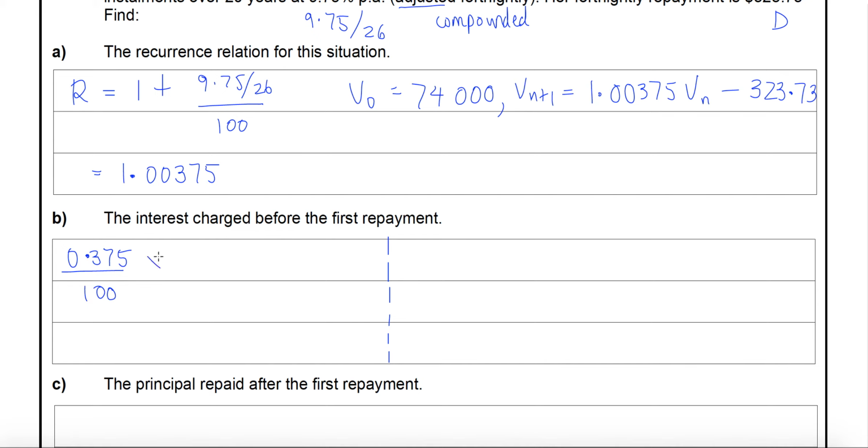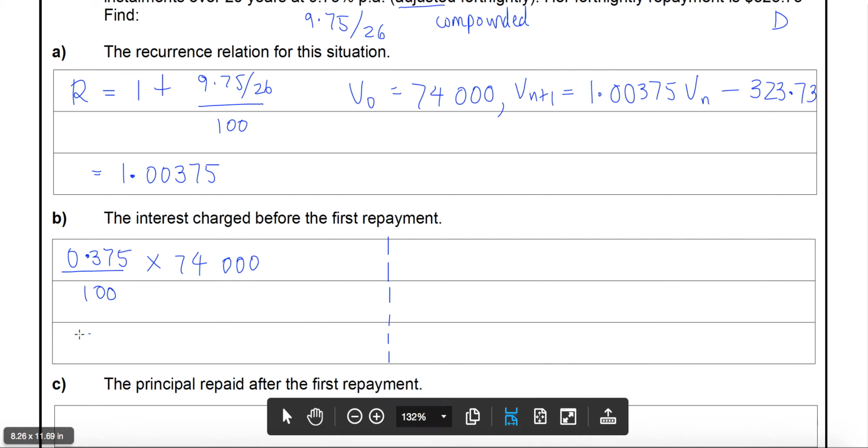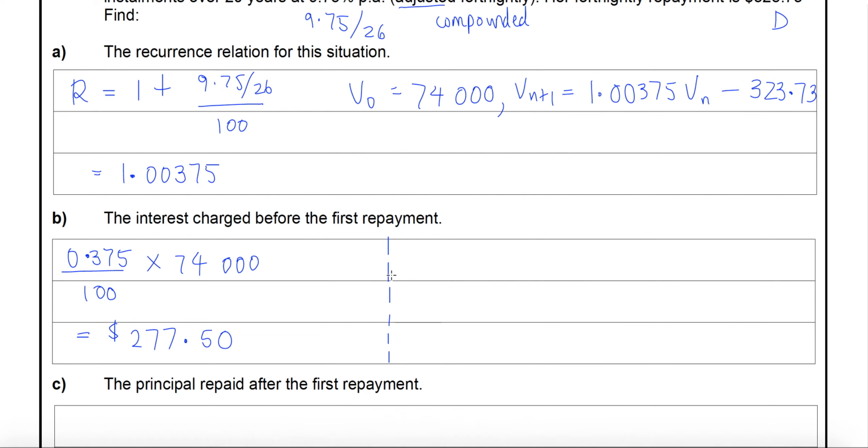So if we do that as a percentage of the amount that she owes here, so 0.375% of 74,000, we'll see that the interest she has to pay when she makes that first payment is $277.50. So if you have a look at her payment, it's $323.